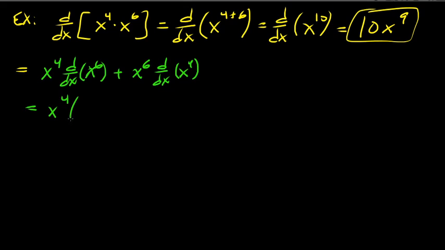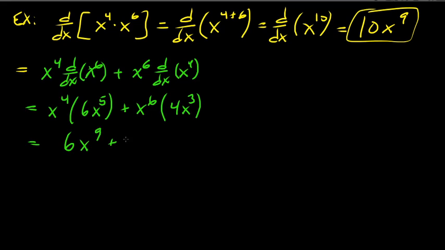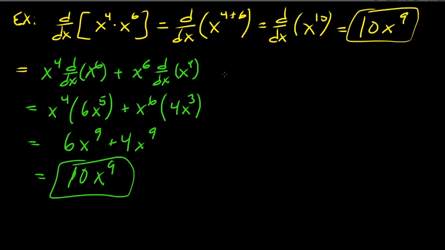So x to the 4th times 6x to the 5 plus x to the 6 times 4x to the 3. So this would be 6x to the 9 plus 4x to the 6 plus 3, which is also 9. And then 6x to the 9 plus 4x to the 9 is 10x to the 9. And you can see that this was not as pleasant as just simplifying first.